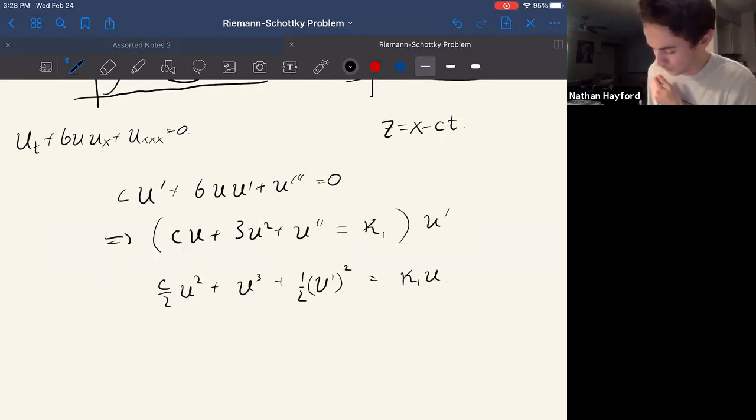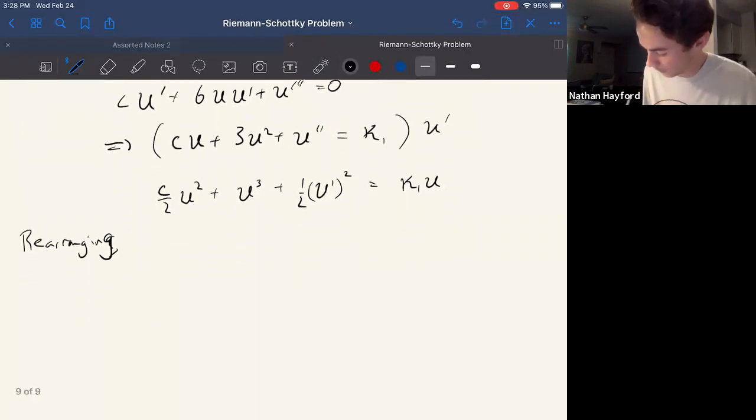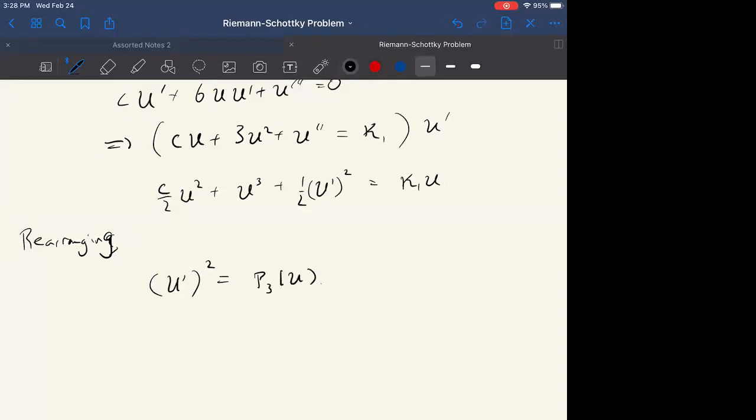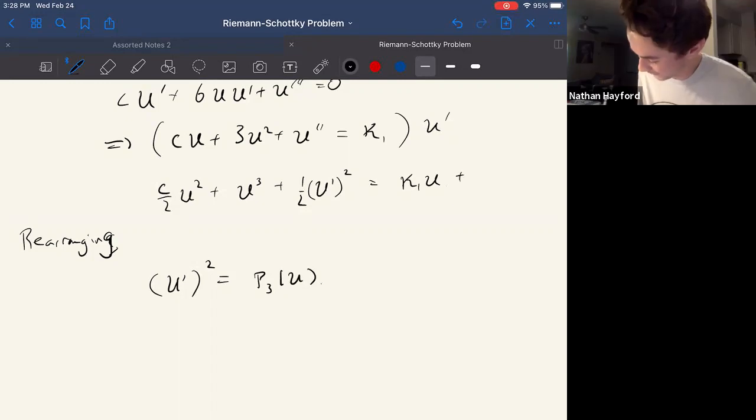And if I rearrange, what do we find? By rearranging, I find that u prime squared is equal to u cubed, plus and so on. It's just a third order polynomial. You should add another constant term, I think. Yeah, thanks, good catch. If I integrate again, I should, of course, add an integration constant.